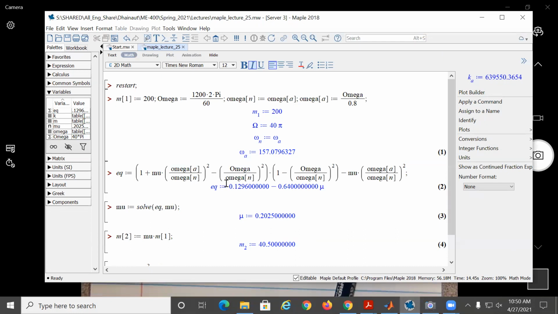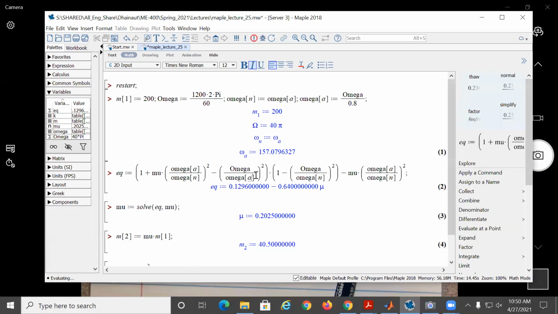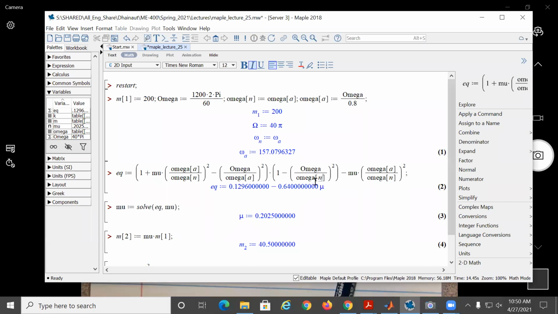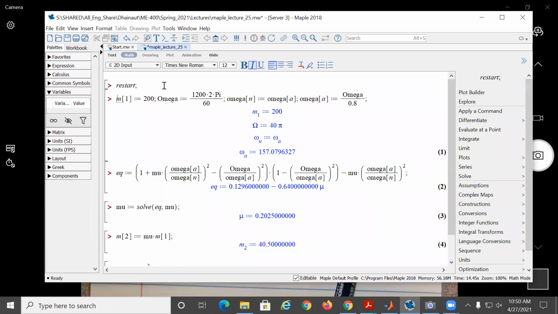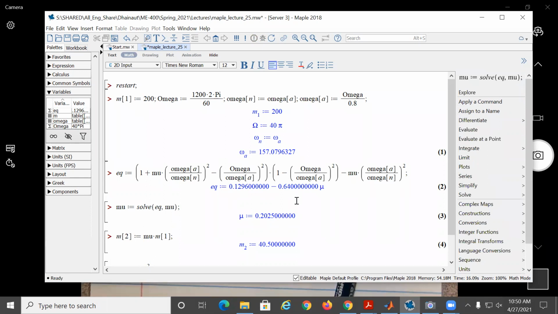I wrote the equation here. Maybe I need to change it. This is omega sub A, omega sub A, according to the notes. So now I get this equation here. I did the substitution of omega sub A is capital omega. You can do this equal to 0.2, which will be the 0.8, but with this I'm not able to do it, okay?